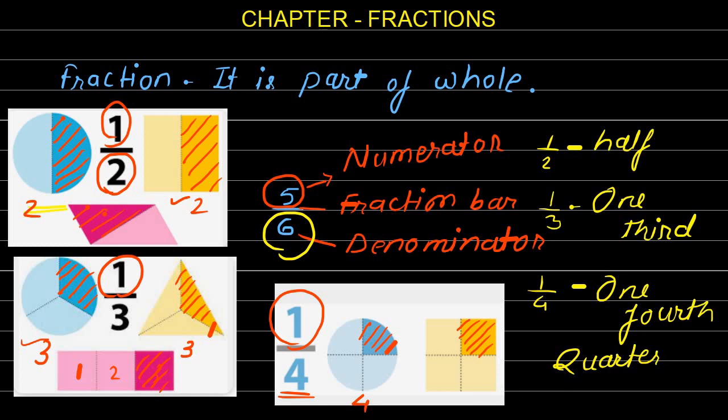So these are the general names we use for these fractions: half, one third, one fourth, and 1 by 4 has one more name, that is quarter. I think you now understand what fractions are and their terminologies. Let's move to the next topic now.